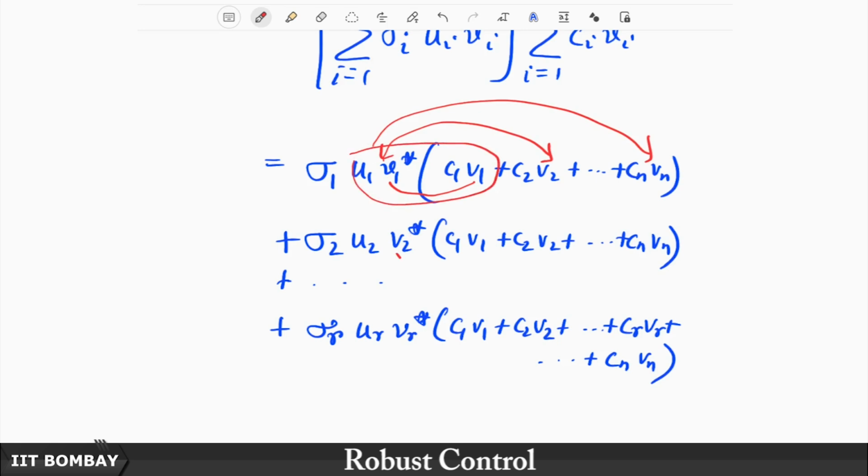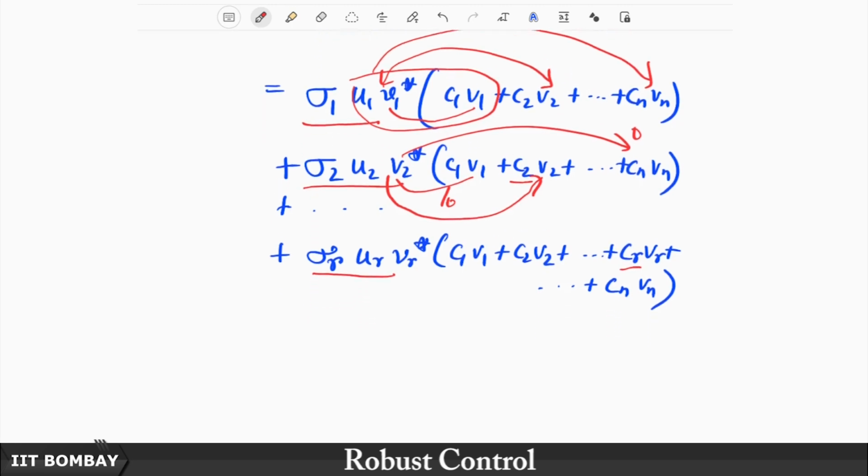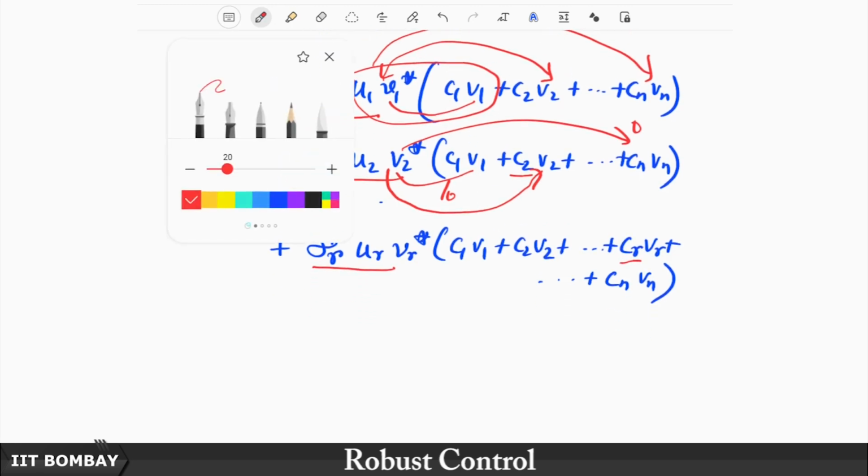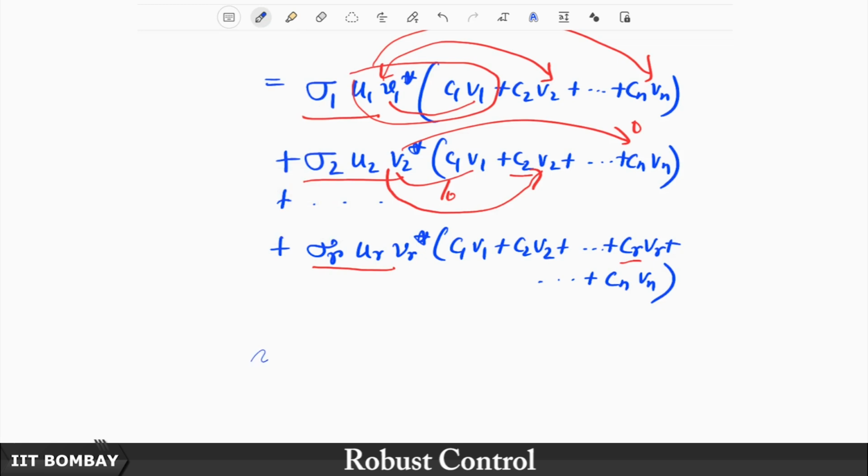For the second term here, this leads to 0, and everything else leads to 0 except for when I operate with this. I just filter out C2. So this term here filters out C1, this term filters out C2, similarly this term filters out CR, correct?